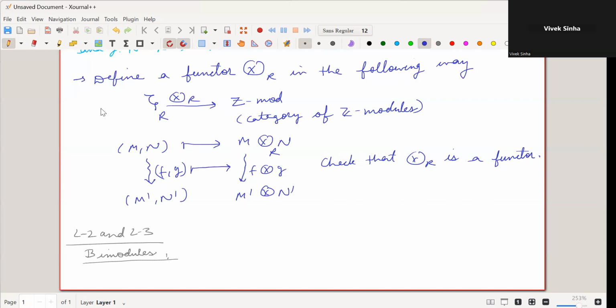Okay. Now, bimodules combine both these concepts. So let R, S be rings.